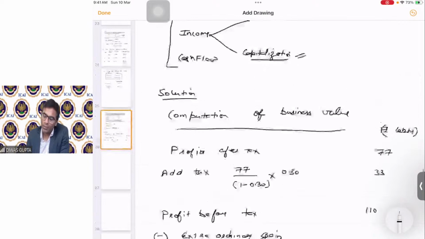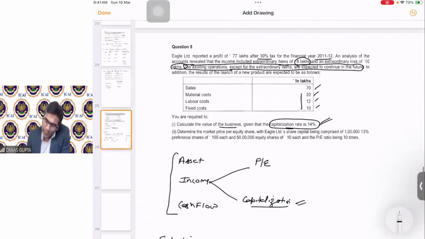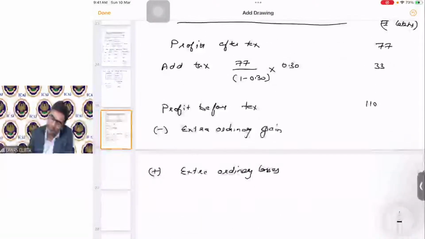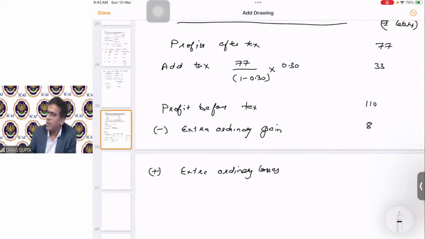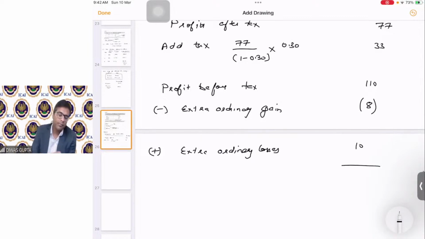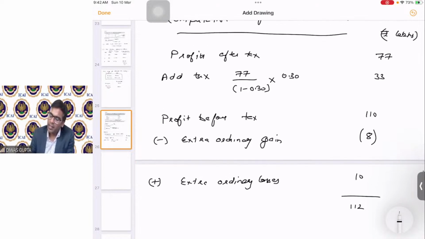Gain is how much, students? 8 lakhs, plus 10 lakhs of losses. 110 plus 10 minus 8, 112. Correct? 112 is there as profits before tax.